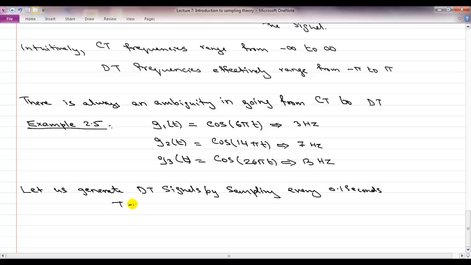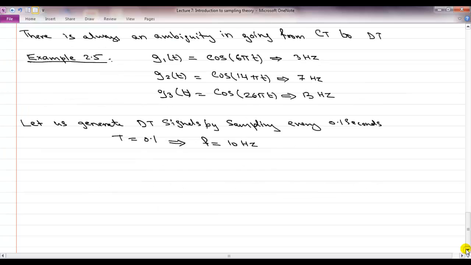So capital T is 0.1, which implies that my sampling frequency is 10 hertz. Okay, my sampling frequency. So I'm going to sample 10 samples every second. Okay, so let's do that.